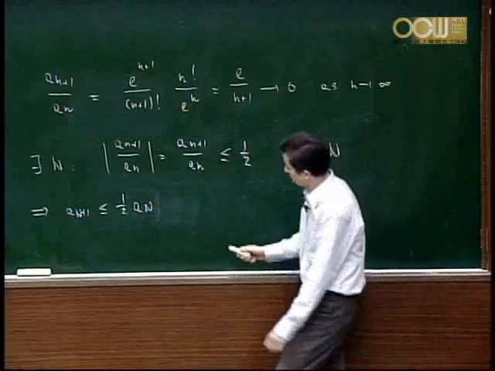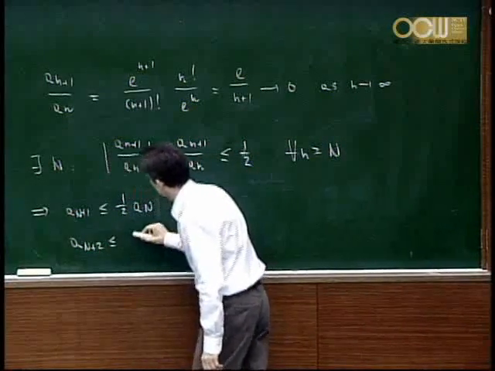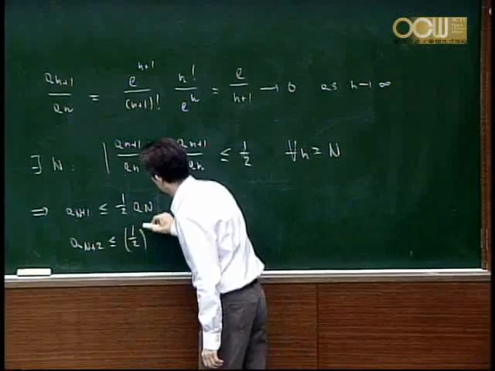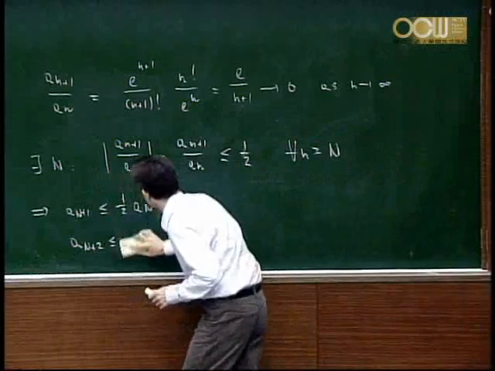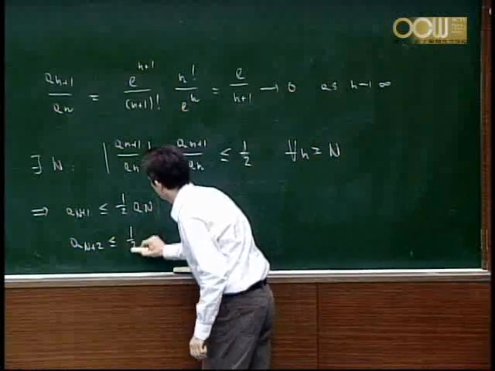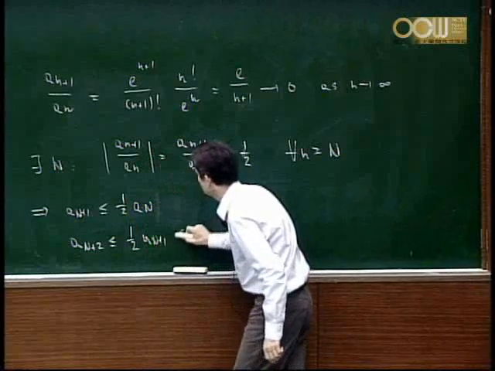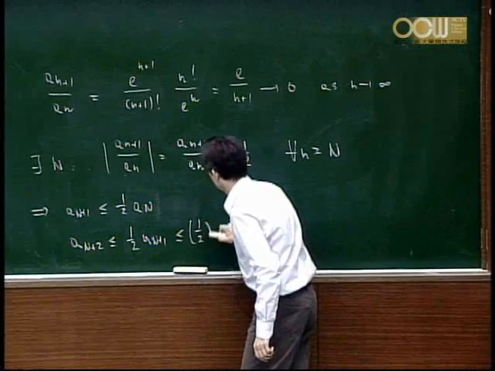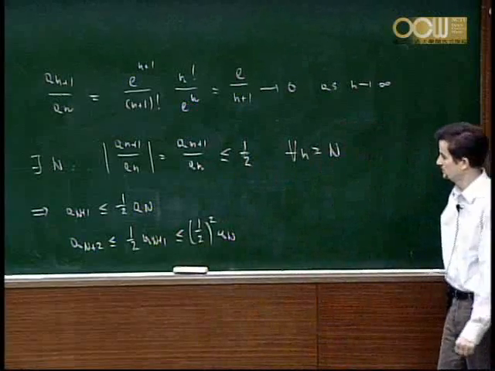But I can do the same for a_{N+2}, which will be smaller or equal than, let's do it slowly here, 1/2 a_{N+1}. But then I plug in this here, so this will be smaller or equal than 1/2 squared a_N.